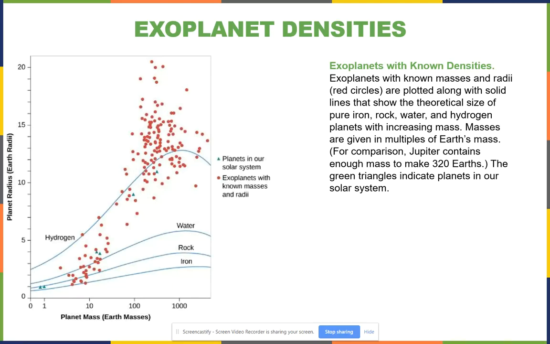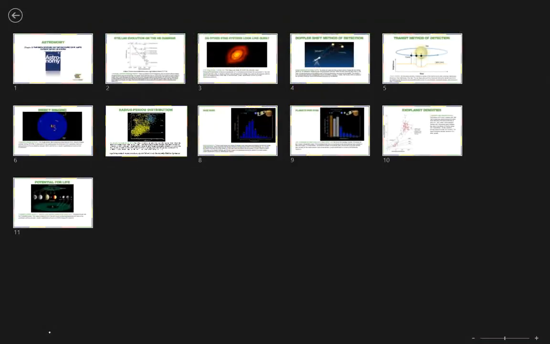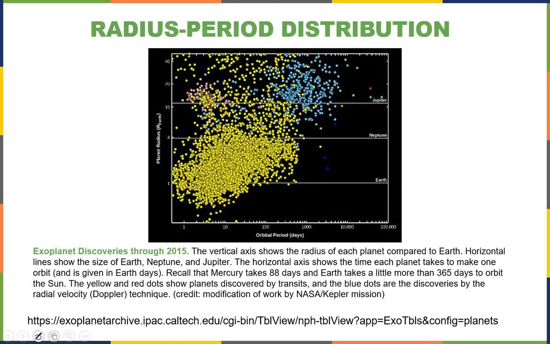Where do you find all of the good information? Let's say you wanted to go and explore and see if you could figure something out. This website here lists all of the exoplanets that have been discovered and all of the information we know about them, and allows you to make your own graphs of however you want to analyze it.